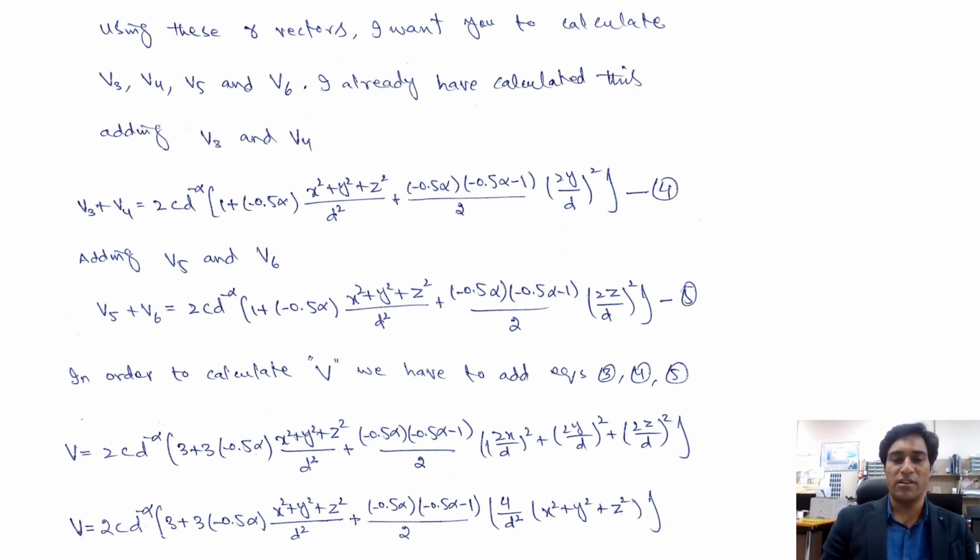We only took the common 4 over d square here.